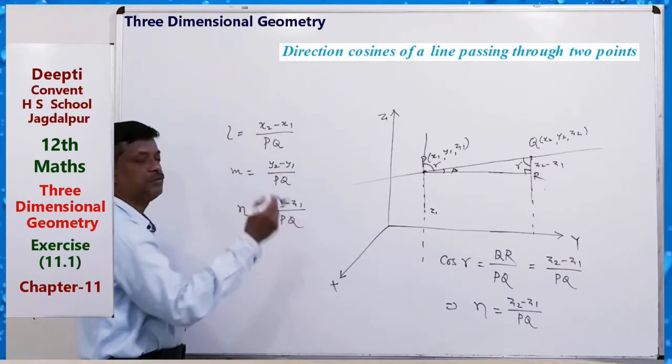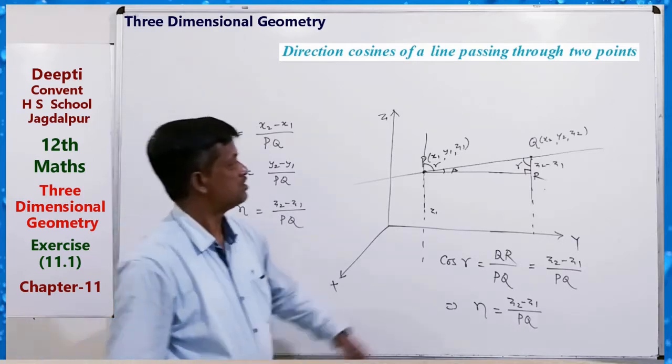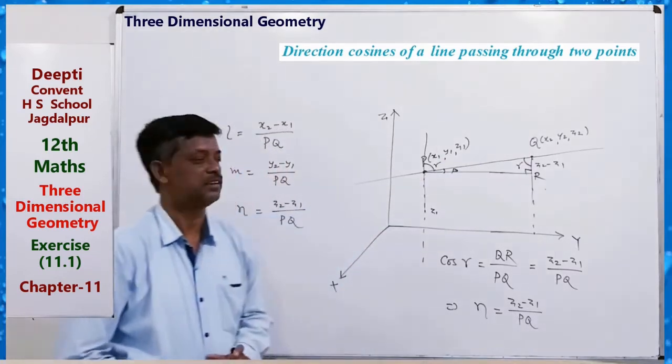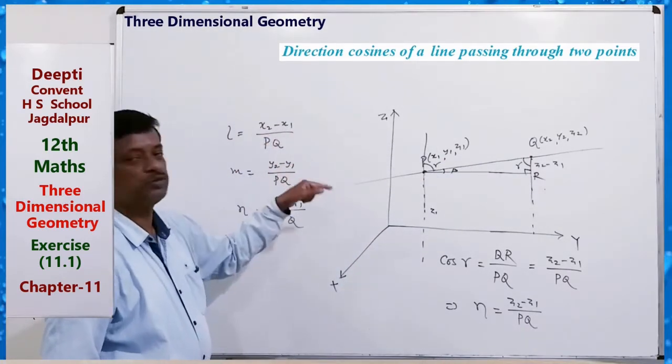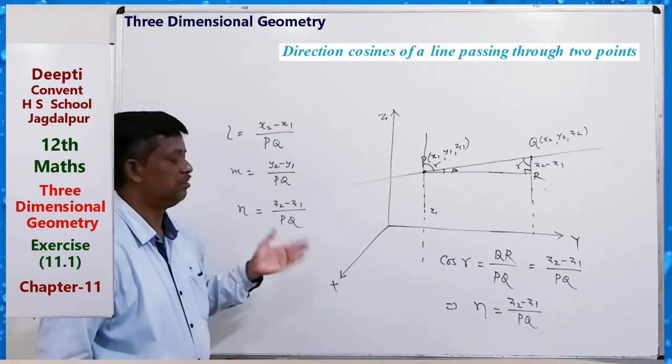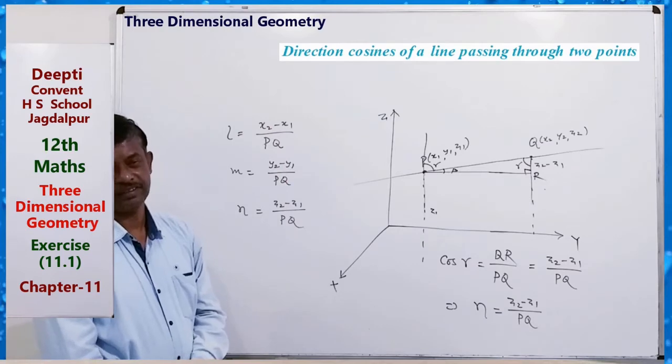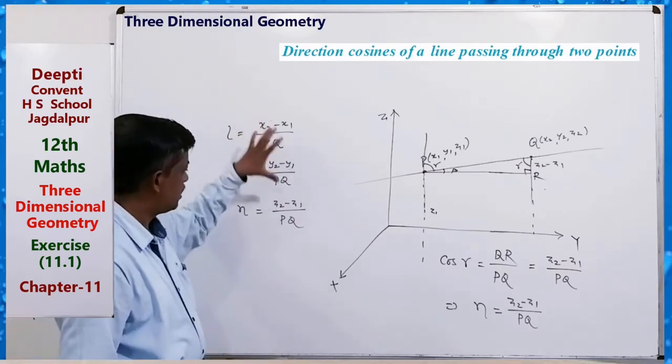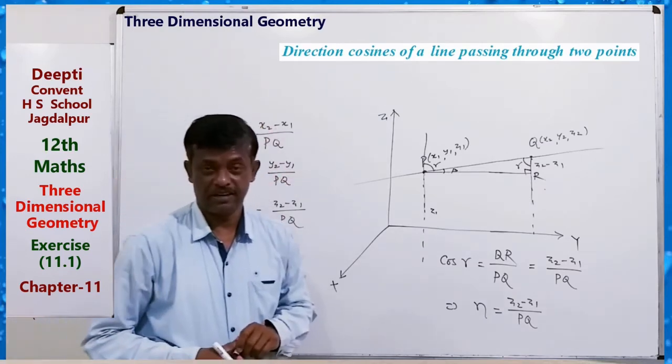So the direction cosines can be found by using the coordinates x2 minus x1, y2 minus y1, z2 minus z1, divided by PQ. Okay, so this is the direction cosine.